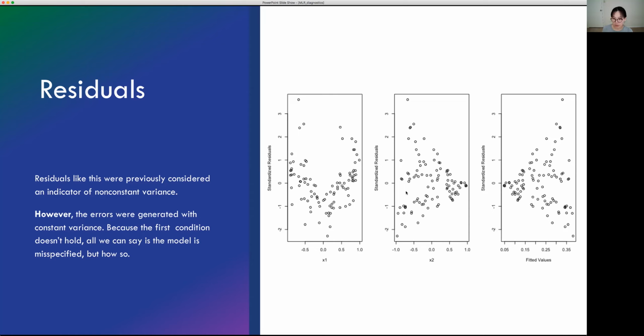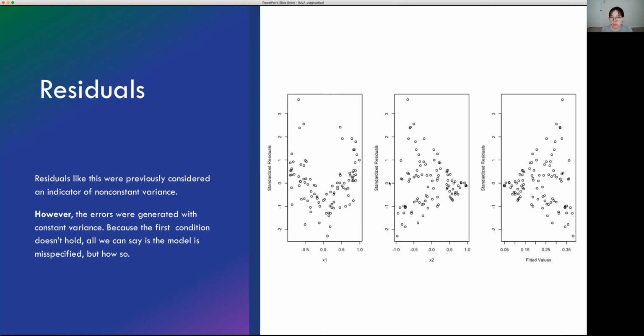And when we plot it here, it shows clearly non-constant variance because the first condition does not hold. All we can see by looking at this is that the model is misspecified, but we cannot tell what is the reason. You cannot just say it is because the variance is non-constant.